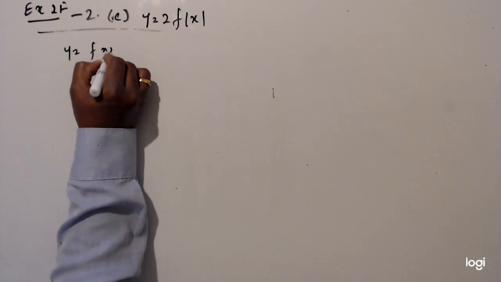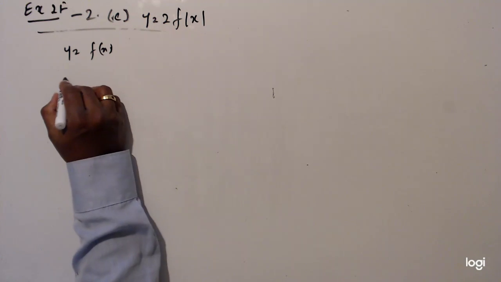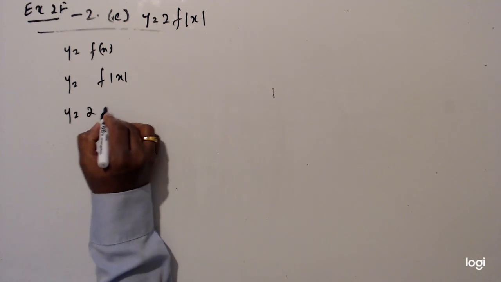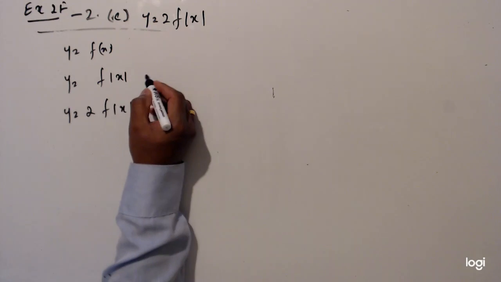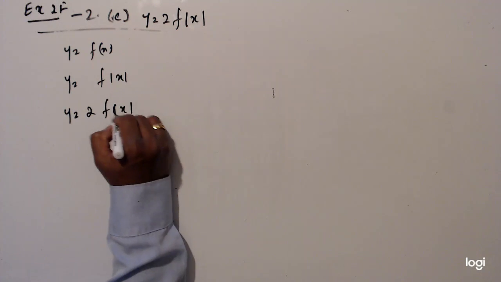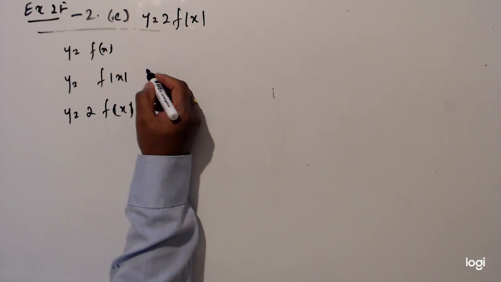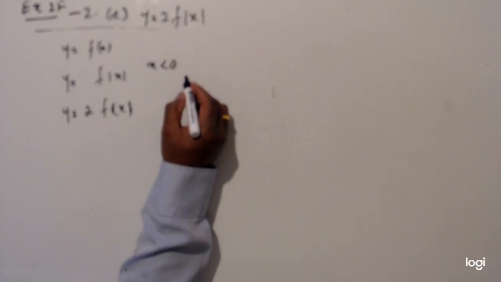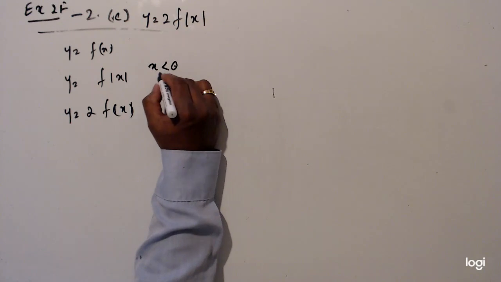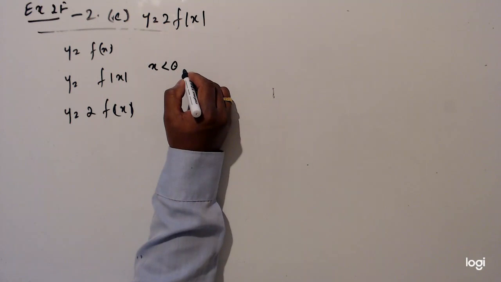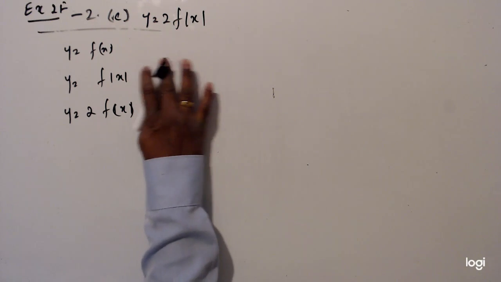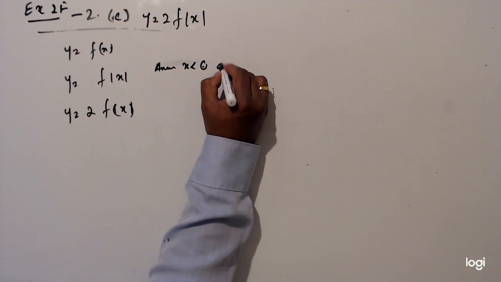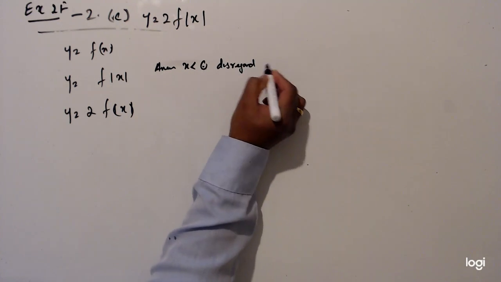Y equals f(x), then y equals f(mod x). So in here, the area where x values are less than 0, we disregard that part of the graph.